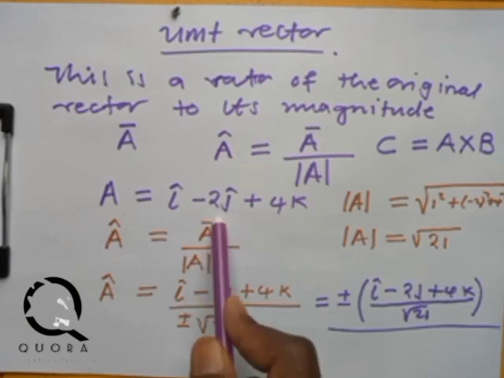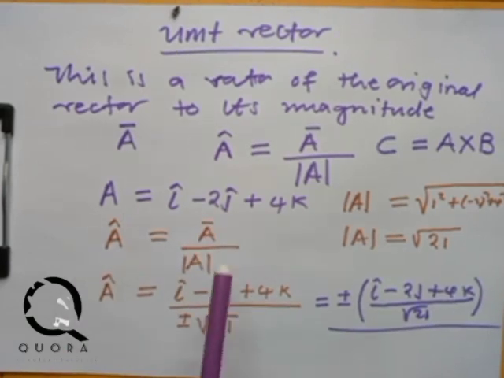To calculate for vector A, just make vector A the subject of the formula. As simple as that. This is how we calculate the unit vector.